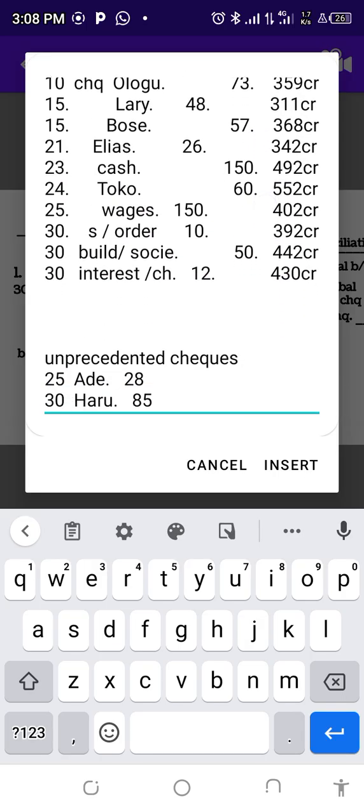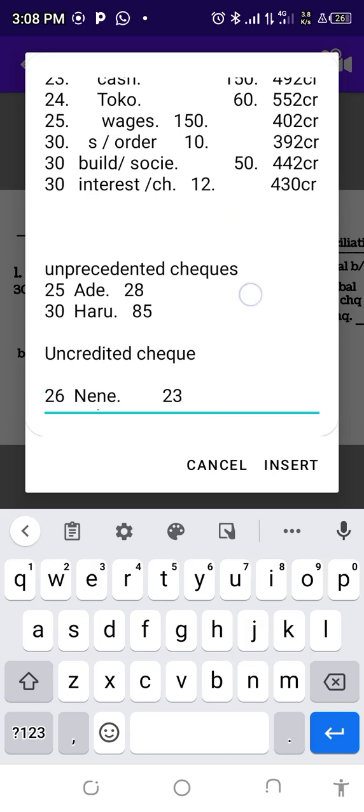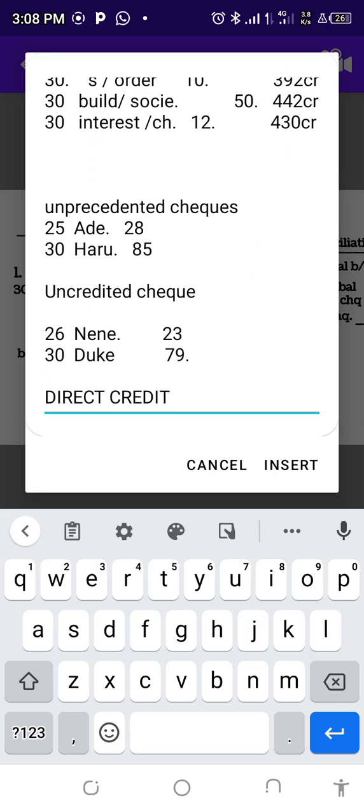So we have two unpresented cheques in this question. The unpresented cheques, uncredited cheques, are Nene, which is 223, and Duke, which is what? 79. There's a mix up there.